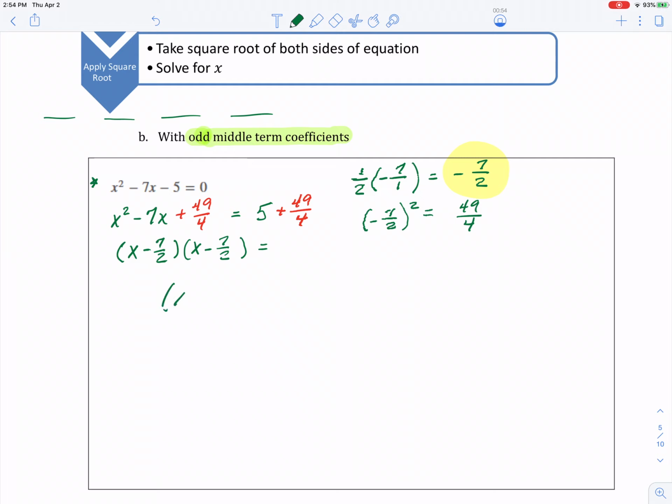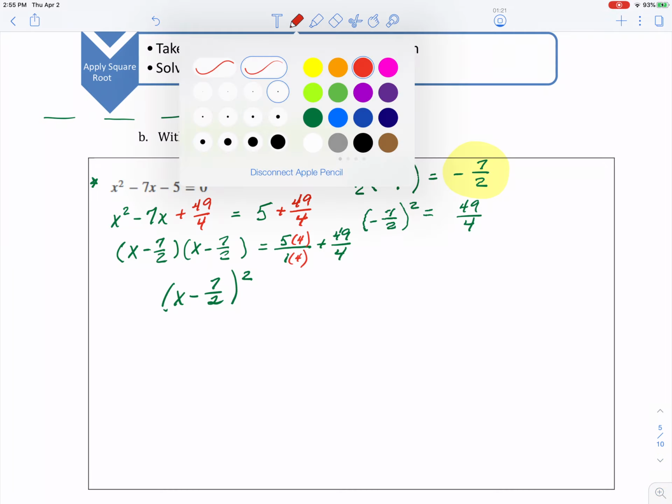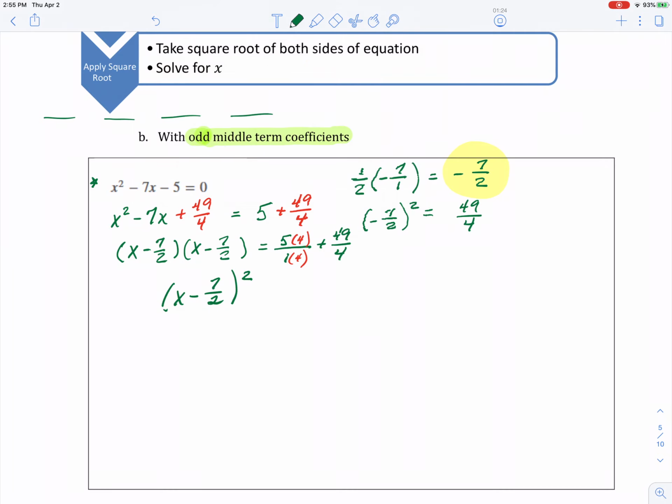So when I get down here to my goal to write this as a binomial squared, that number, that -7/2, after you take half but before you square, is going to be important. All right, so what do I do with this right-hand side? So this is 5/1 and 49/4, and I'm looking for a common denominator of 4. So I'm going to go ahead and multiply both the top and the bottom of that fraction by 4.